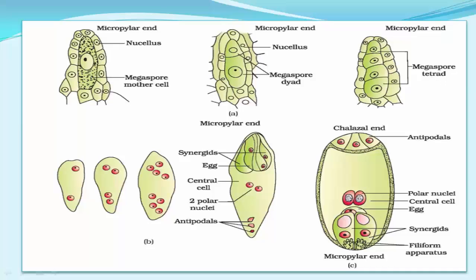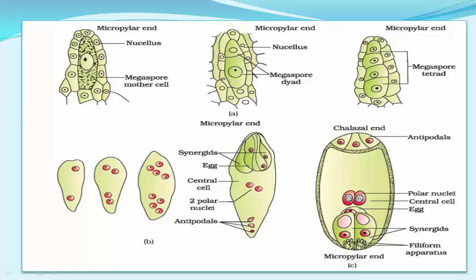Pollen tetrad is in microsporogenesis; megaspore tetrad is in megasporogenesis. Here the structure can also be referred to as a linear tetrad as the cells are arranged one above the another. So totally 4 cells are produced, but among these 4 megaspore cells of the tetrad, one cell becomes functional and gives rise to the development of the embryo sac, which is called the monosporic embryo sac.